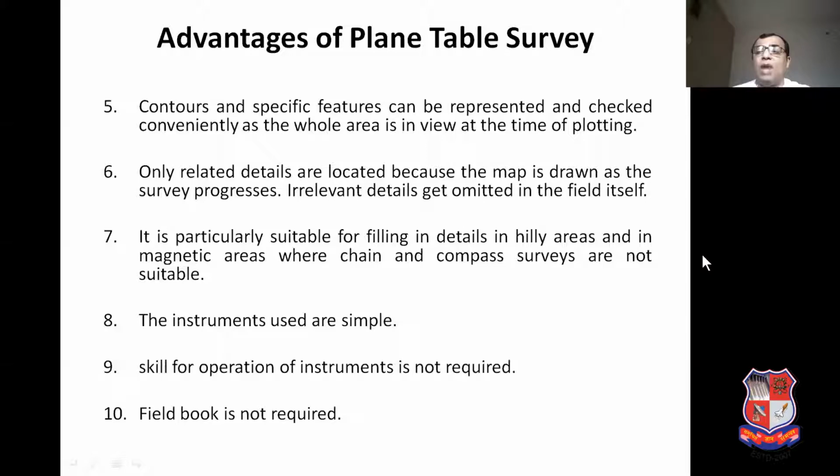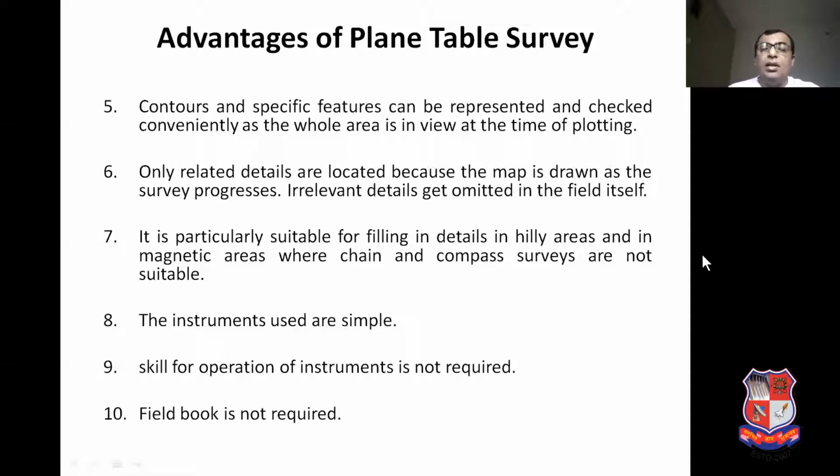So only required details can be plotted in this method of surveying, and we can avoid the details that are not required for the project purpose or for the planning purpose after the surveying. Number 7, it is particularly suitable for filling in details in hilly areas, in magnetic areas where chain and compass surveys are not suitable.